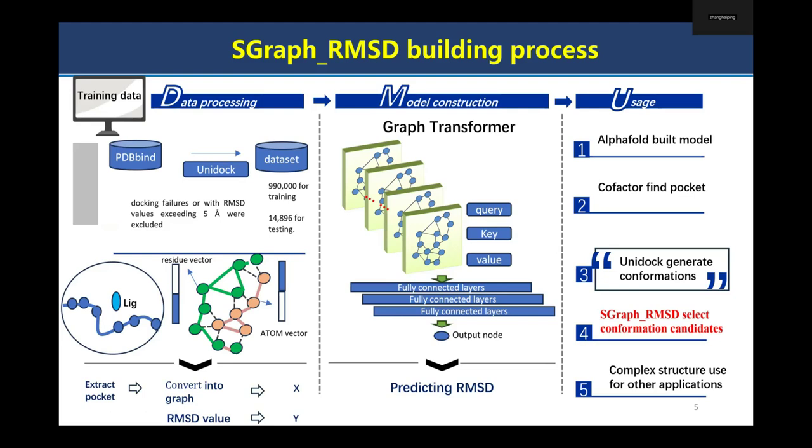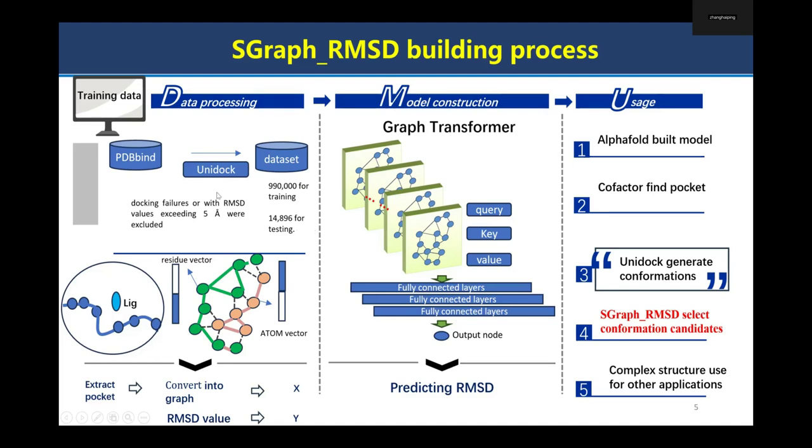We downloaded protein-ligand pairs from the PDBbind, and using UniDock for each pair, we generated 100 conformations, and finally we got about 1 million for training and about 50K for testing.